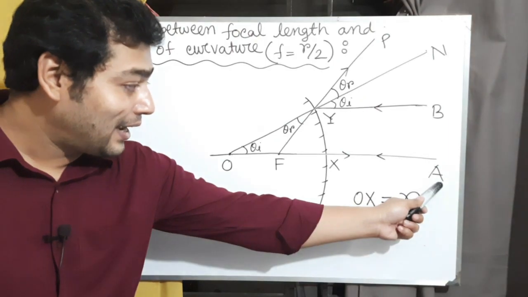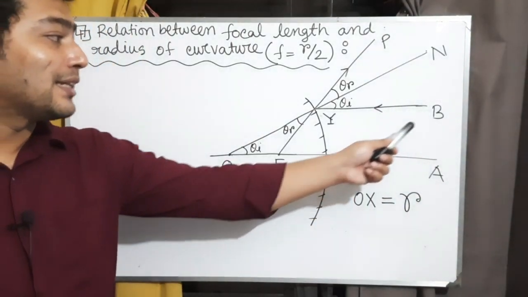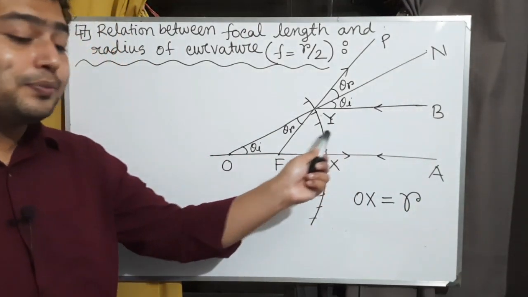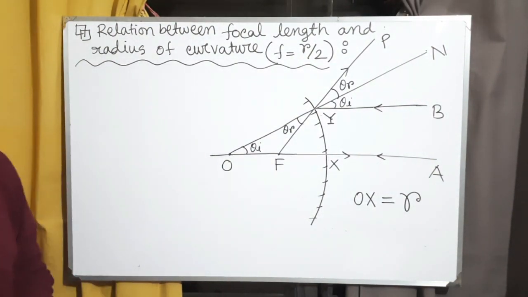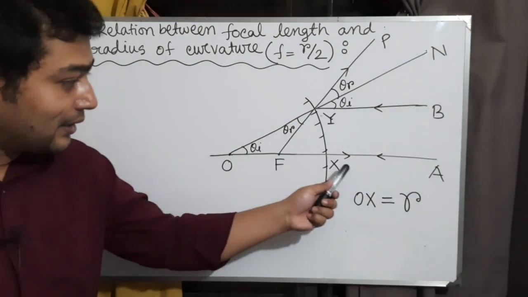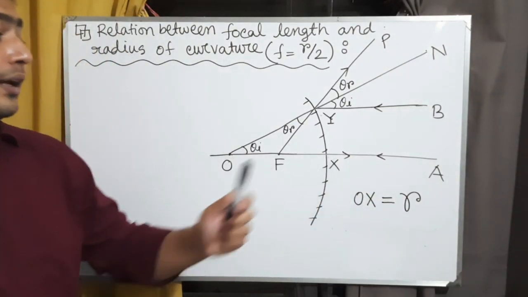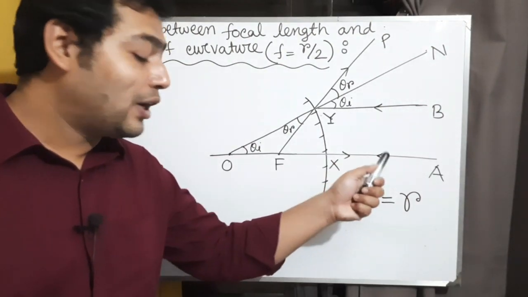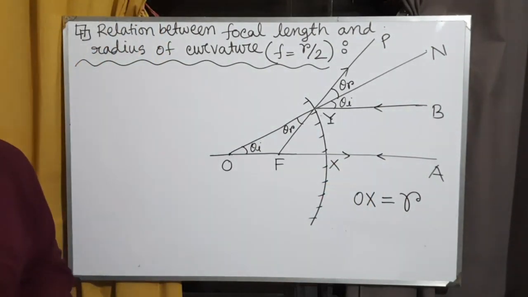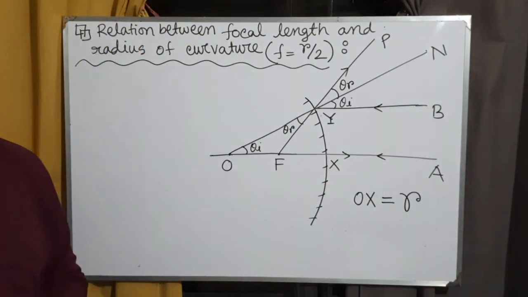The first ray has come to point X and the second ray has come to point Y. The ray coming to point X will be reflected back the way it has come.